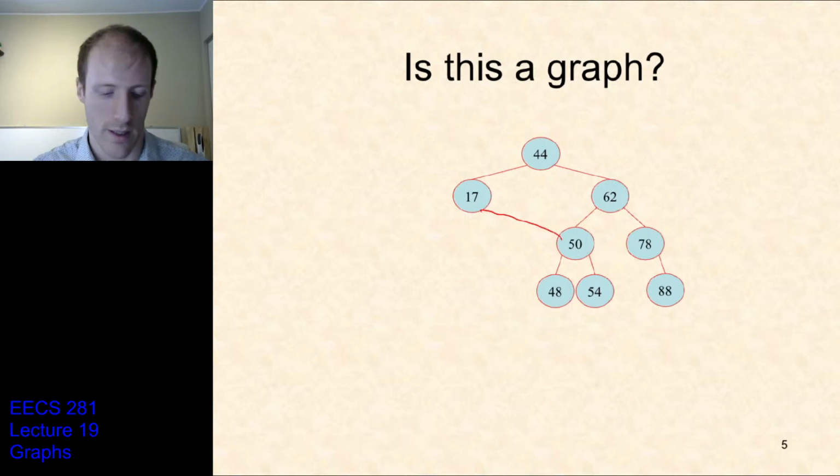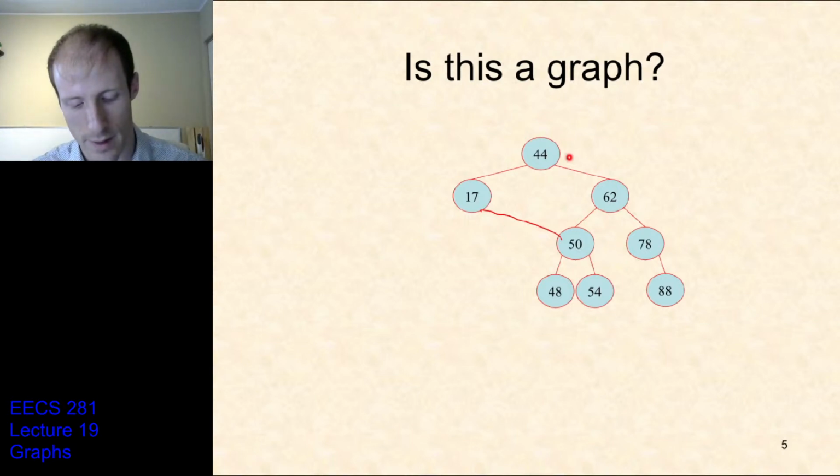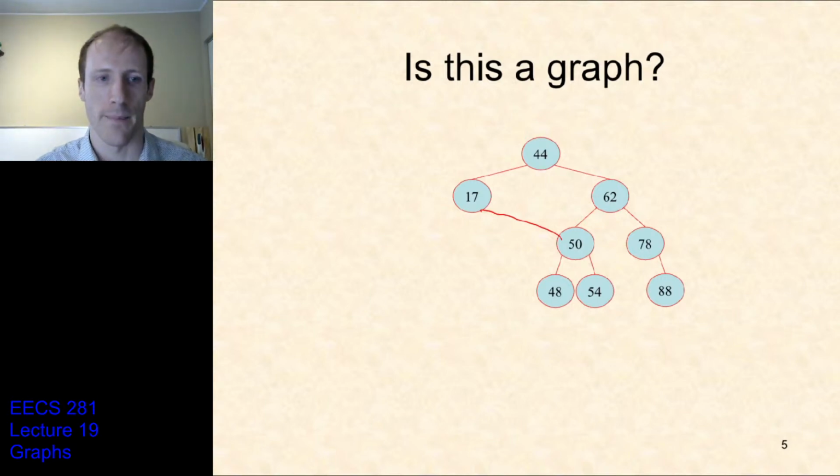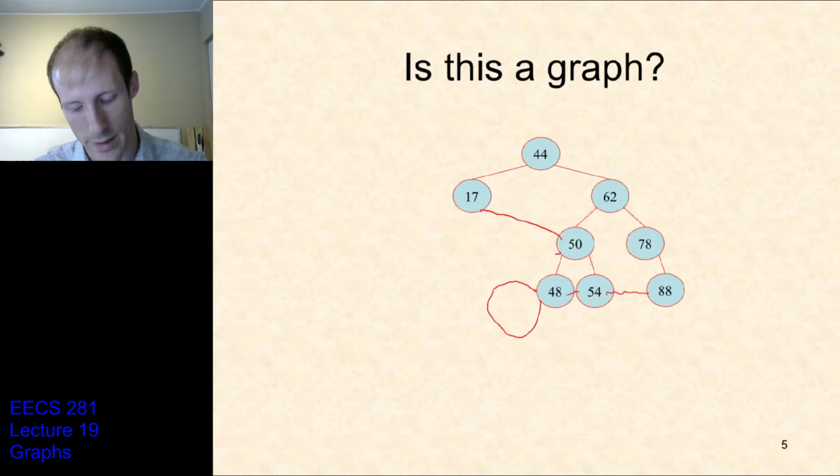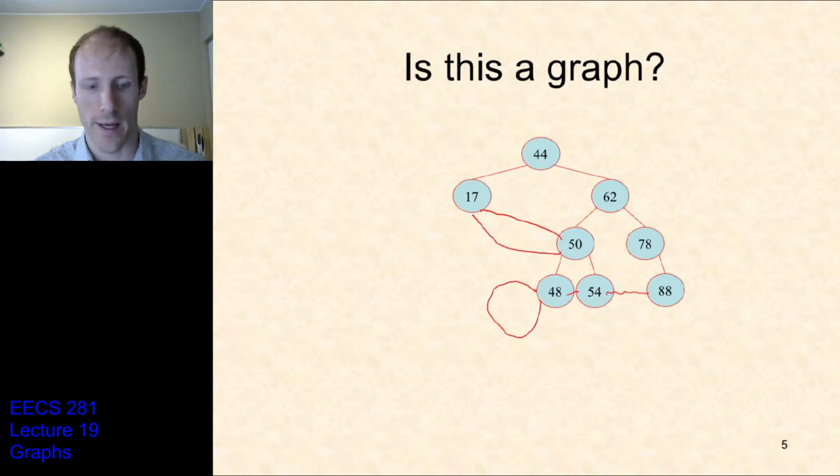Yes. It's no longer a tree, right? Because we now have this cycle, but it is a graph. And we can keep on adding more edges. It stays a graph. What if we add an edge like this, which we'll call a self loop, or an edge like this, which we'll call a parallel edge?